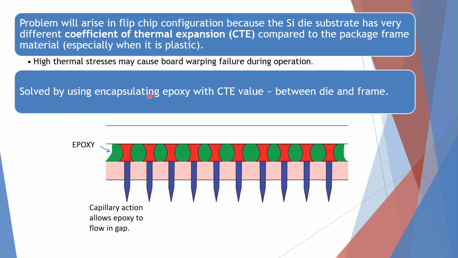In order to solve this problem, an encapsulating epoxy with a CTE value between the die and frame will be placed. This is the epoxy. They place the epoxy in order to balance the coefficient of thermal expansion between the two materials.